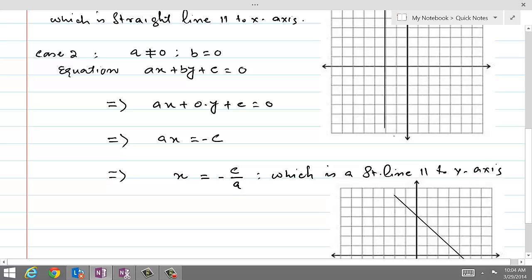And the equation for this, x equal to minus c over a, is this.